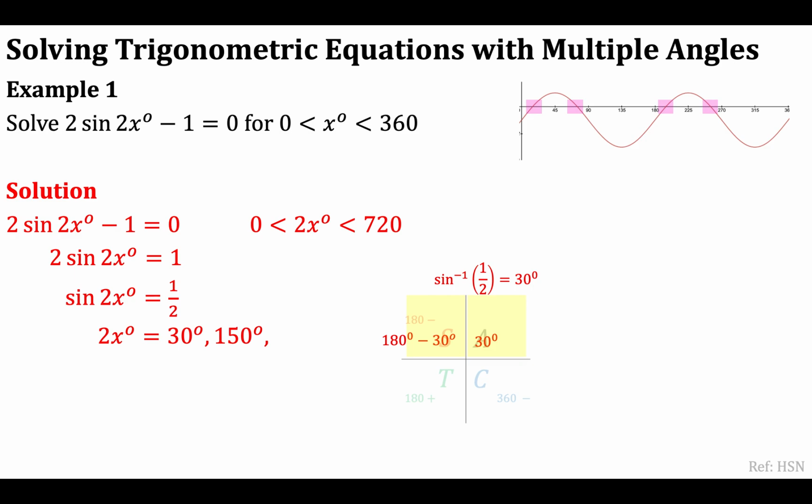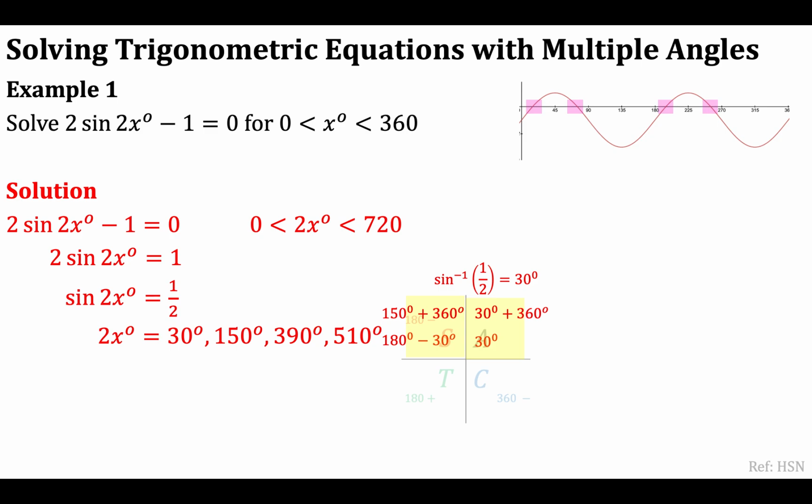Now remember, the sine graph repeats itself every 360 degrees. So I need to add 360 onto both of these answers. So 30 plus 360 is 390, and 150 plus 360 is 510.